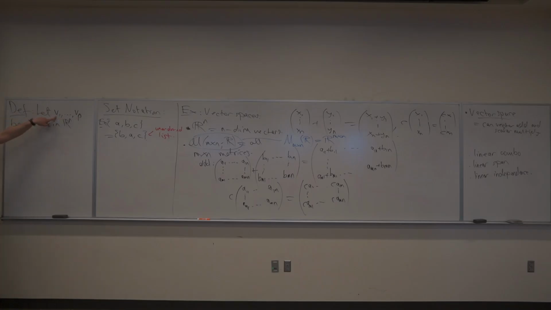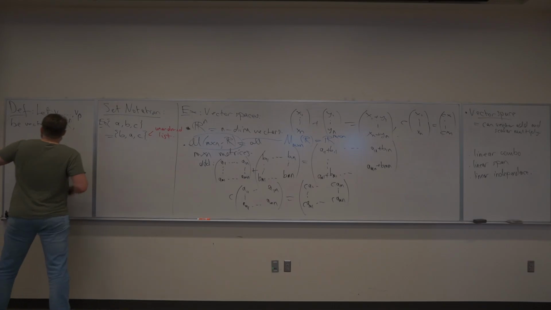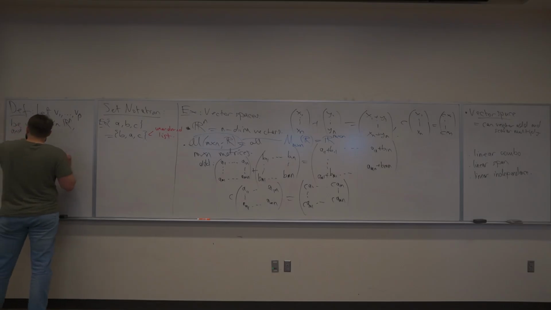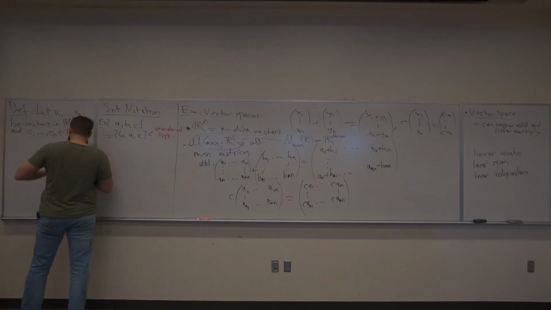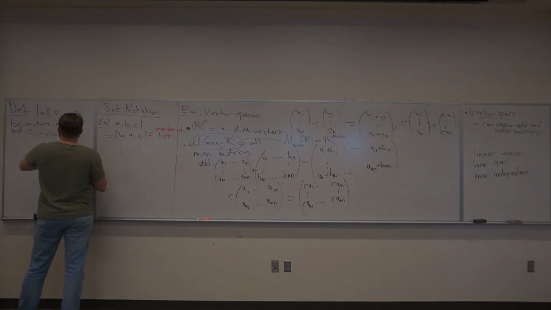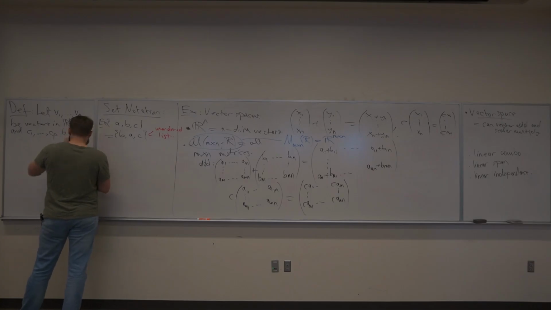I have in total n times p many numbers now. Fix them, okay? And let C1 dot dot dot Cp be real numbers, be scalars.